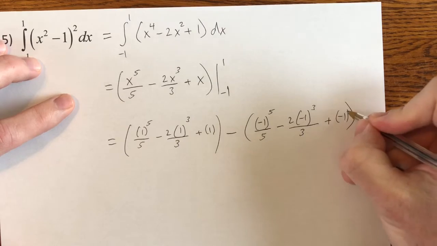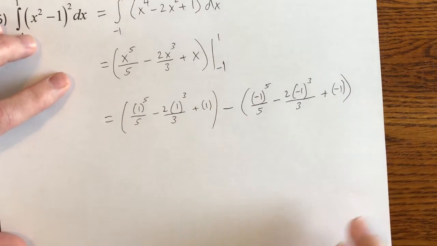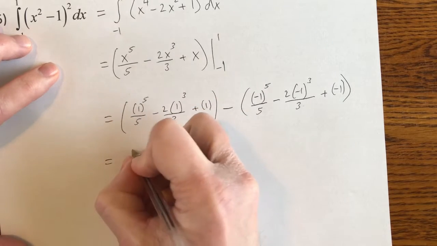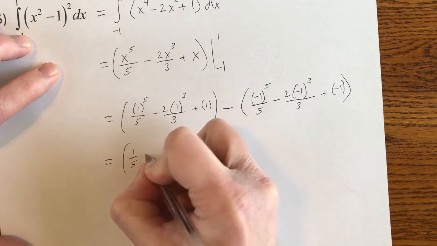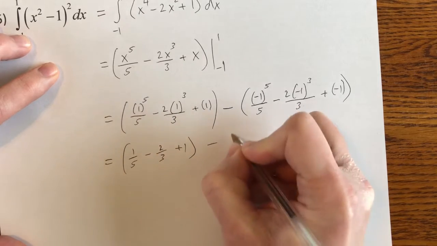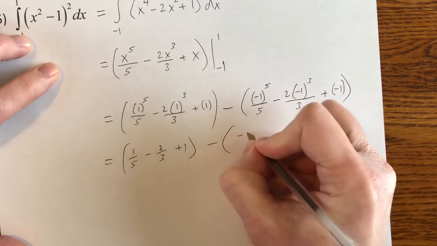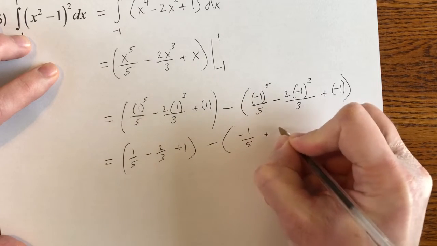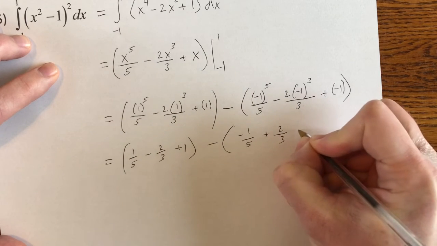All right, so what do we get? Well, we get 1/5 minus 2/3 plus 1 minus negative 1/5 plus 2/3 and then minus 1.